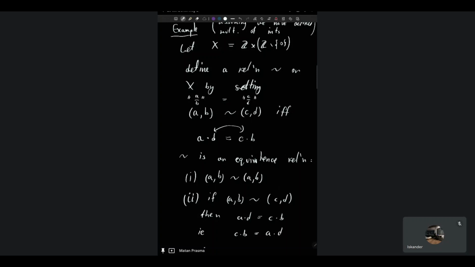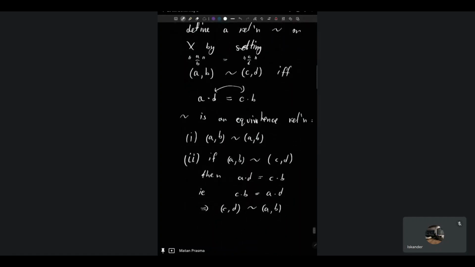But then, by definition, this means that CD is equivalent to AB. Okay, so the relation is clearly symmetric as well.